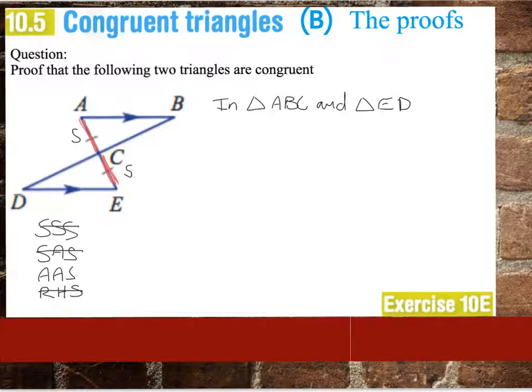Also alternate angles, and then the last one must be C, which will be two vertical opposite angles. So these will be two vertical opposite angles.